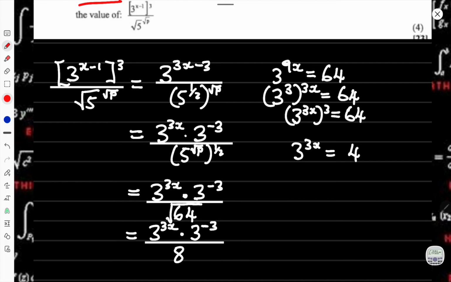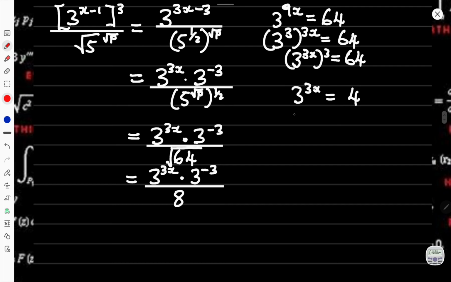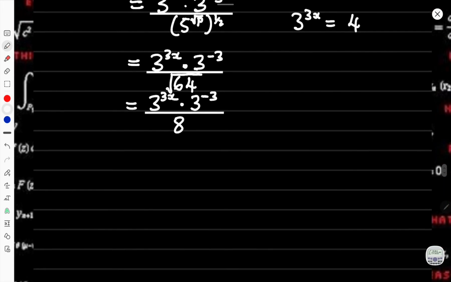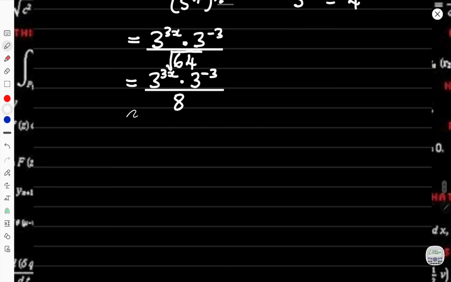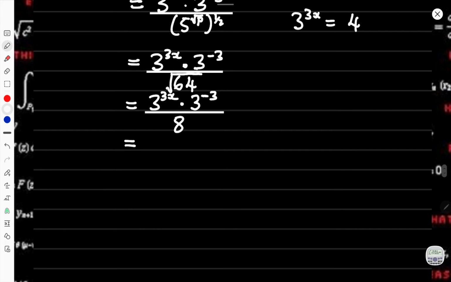Right, so far, now that we were able to simplify that, where there's 3 to the power 3x, we substitute with 4. Then we go back to the one we did earlier and substitute: where there's 3 to the power 3x, we substitute with 4, times 1 over 27.